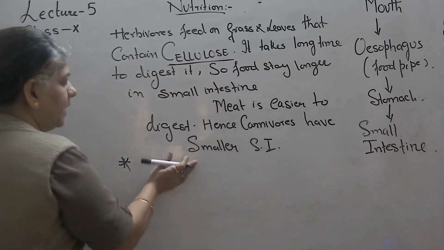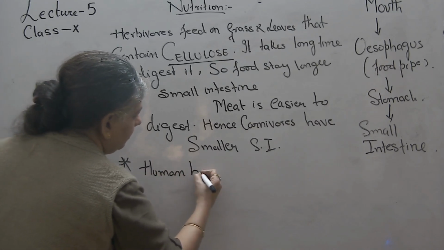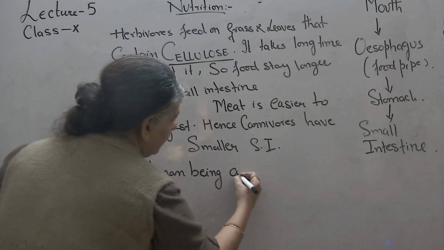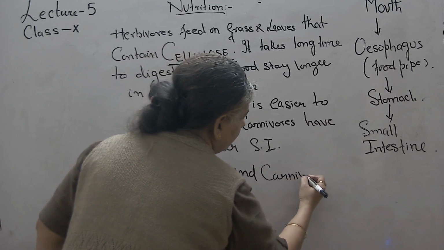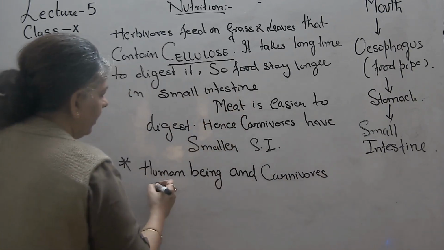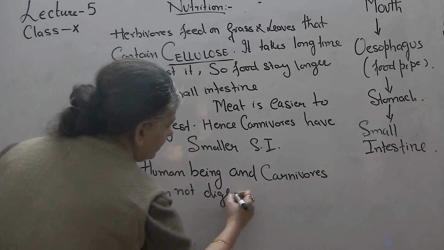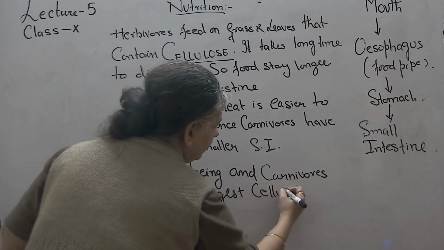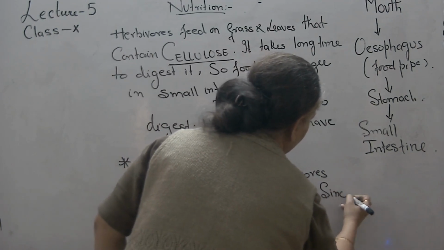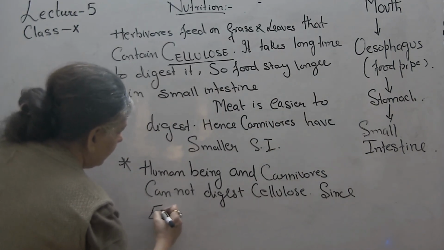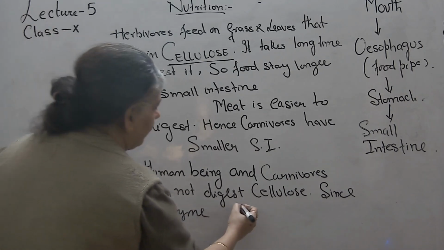So human beings and carnivores cannot digest cellulose since enzyme cellulase is absent.